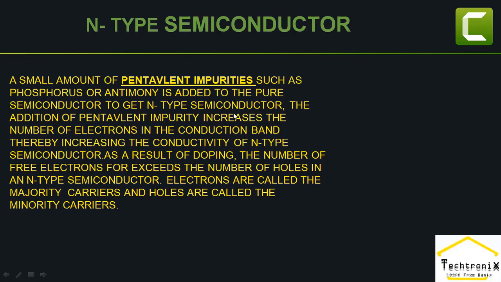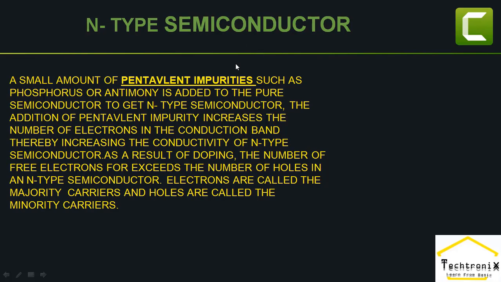The addition of pentavalent impurity increases the number of electrons in the conduction band, thereby increasing the conductivity of N-type semiconductor. As a result of doping, the number of free electrons far exceeds the number of holes in the N-type semiconductor. Electrons are called the majority carriers and holes are called the minority carriers in case of N-type semiconductor.